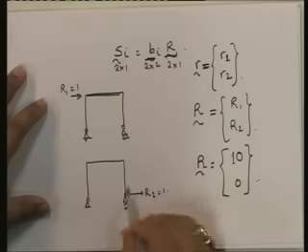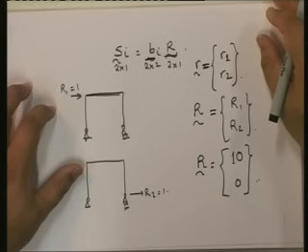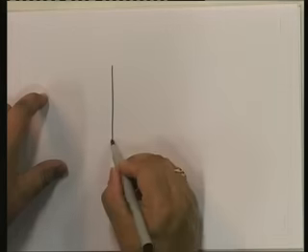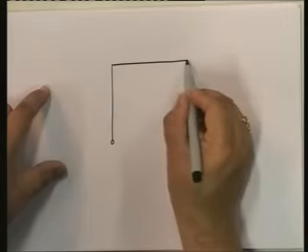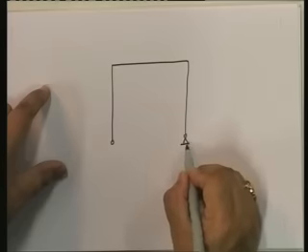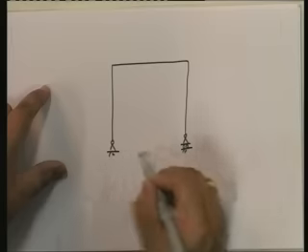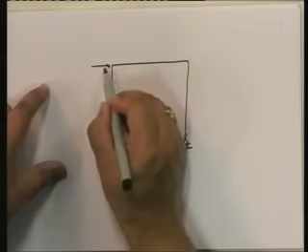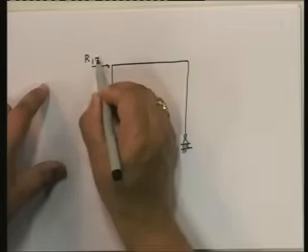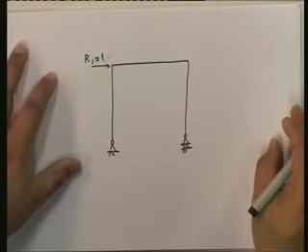Put R2 equal to 1 and find out the member end moments. Okay, so if we look at that, this becomes 1. Then how would we do?